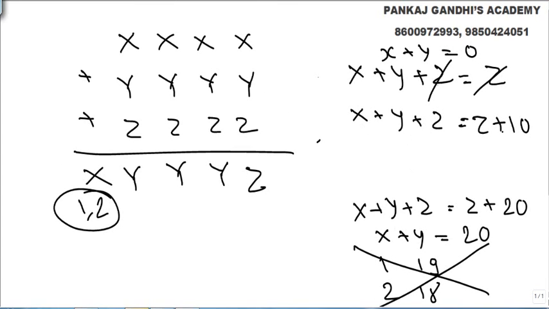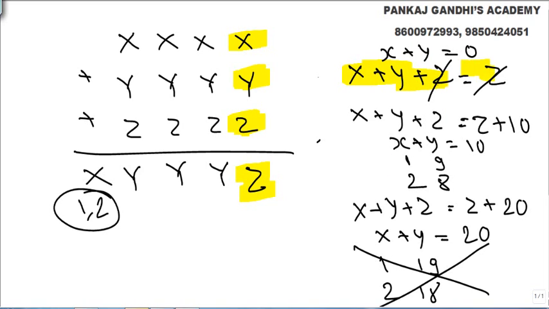So what all we get? x plus y plus z is compulsorily 10. If it's 1, it's 9. If it's 2, 8. I quickly repeat here, x plus y plus z, last digit is z. So if we say this is the case, we get x plus y 0. But if it's 0, both cannot be 0. So this is wrong.